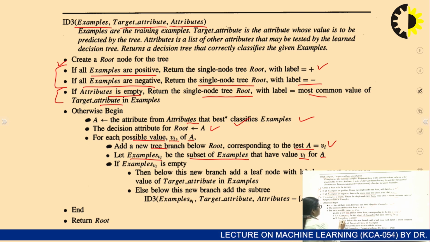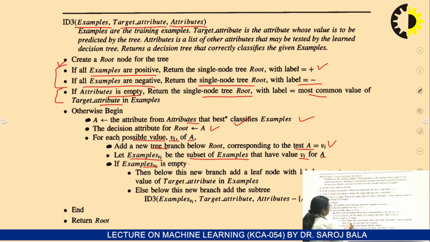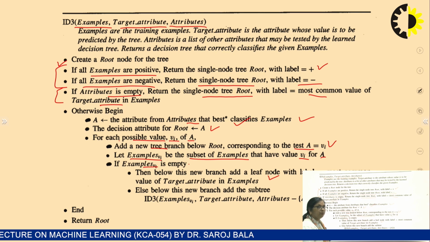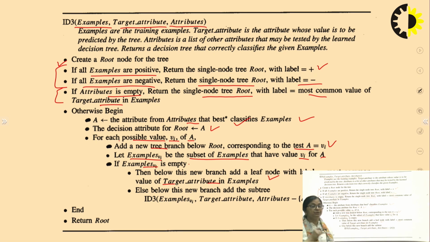If there is no example, then below this new branch simply we will get a leaf node. Which leaf node? The one having the most common value of the target attribute. Again, when we get it empty, we will count the total number of outputs, how many are yes and how many are no, then take the most common one.